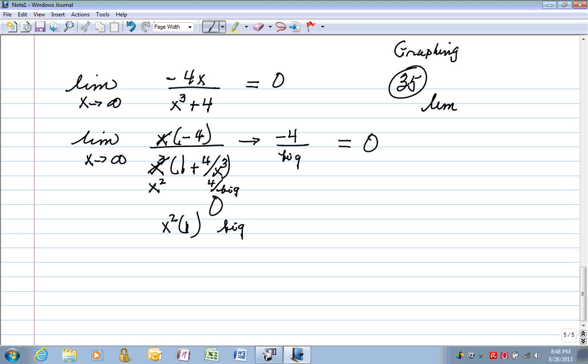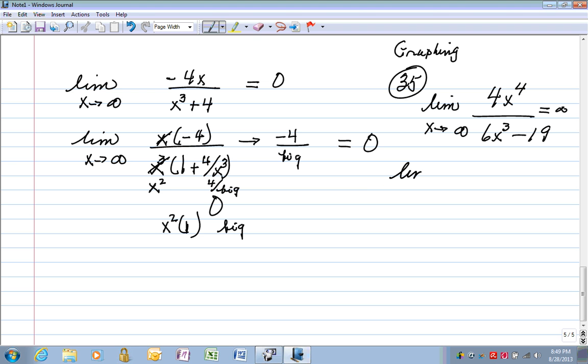I'm doing the limit as x approaches infinity, is what it looks like to me, of 4x cubed, nope, 4x to the fourth over 6x cubed minus 19. Okay, the top's bigger. Both leading coefficients are positive, so that means it's infinity.